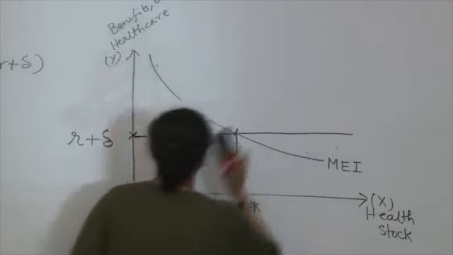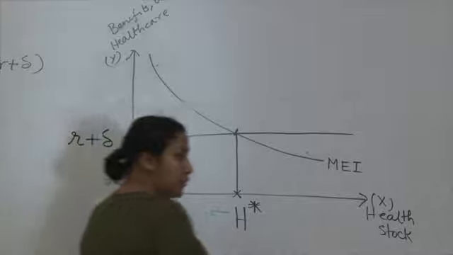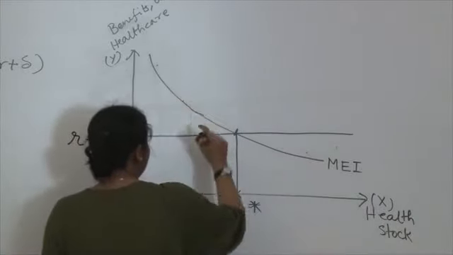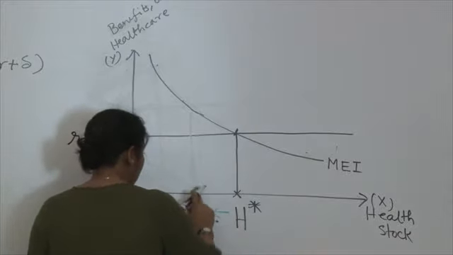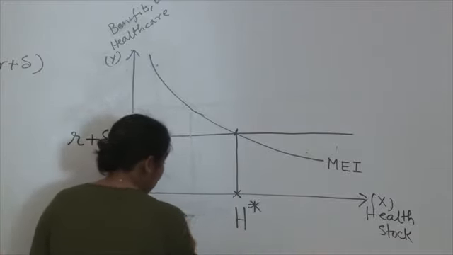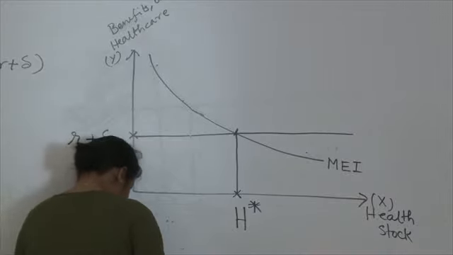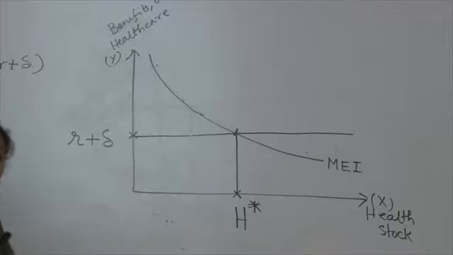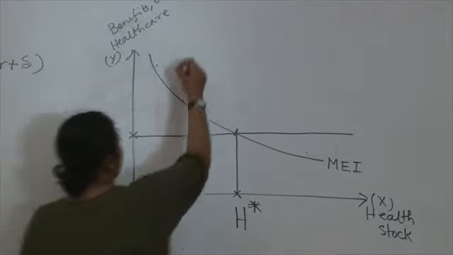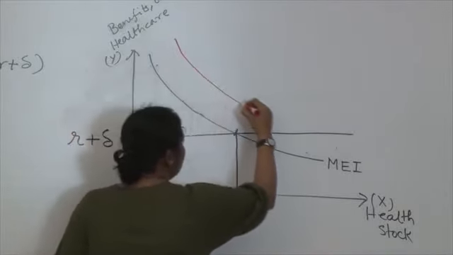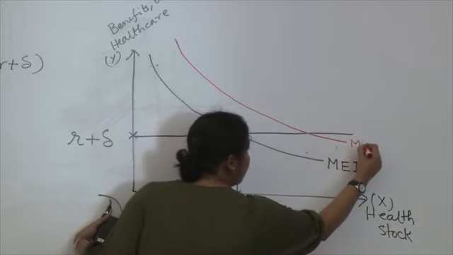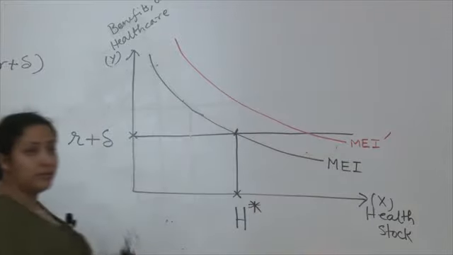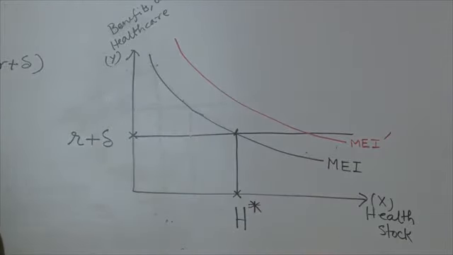So now, in terms of education, this could mean that you have higher marginal benefits. You realize that there are higher marginal benefits from using healthcare, or you can use healthcare more efficiently. So you can have a marginal efficiency of investment curve which is higher, correct?